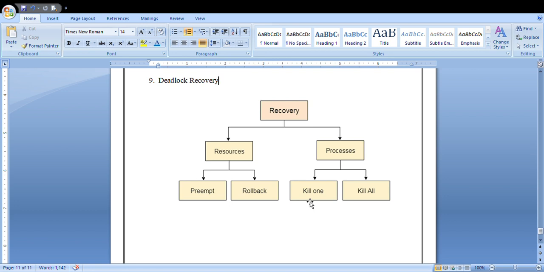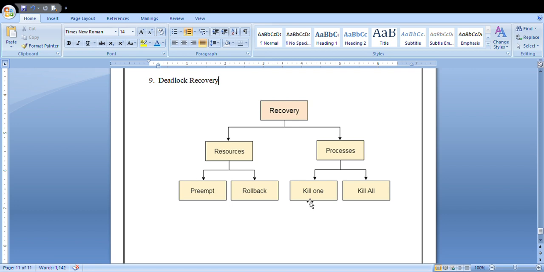But if there is a circular wait, or the processes are connected in a circular graph, the operating system's role is to identify the exact process which has to be terminated. That is the one major difficulty in killing one process. That is one way to recover from deadlock.